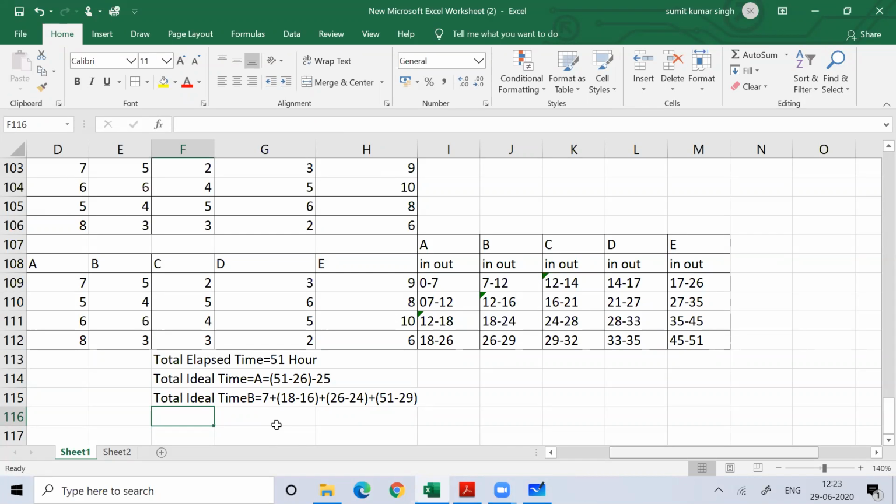You can see B in the starting only waited for 7 hours.